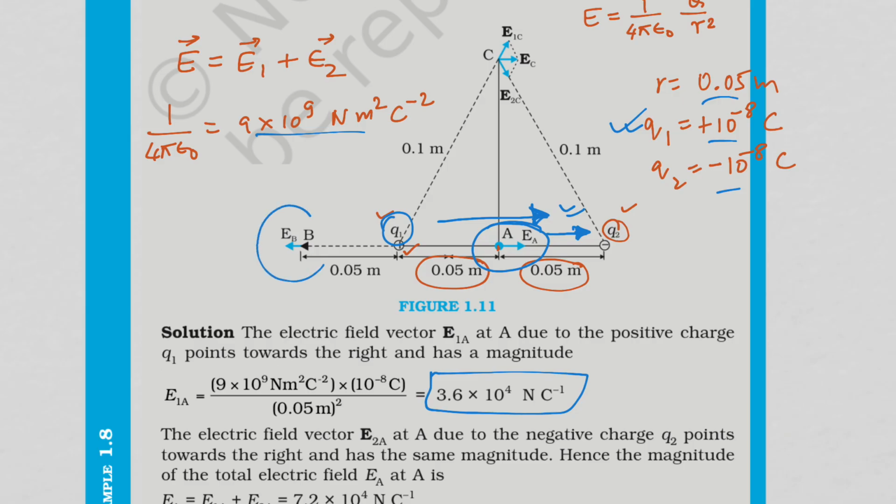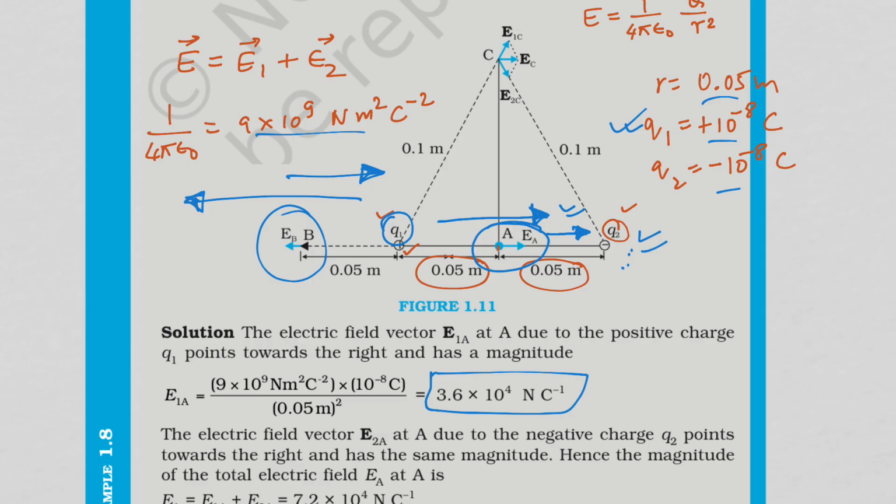Now at point B, the direction of the electric field due to Q1 is outward from Q1, but at B, the direction of the electric field due to Q2 is actually towards Q2, because Q2 is a negative charge. So a negative charge's electric field is towards the charge.